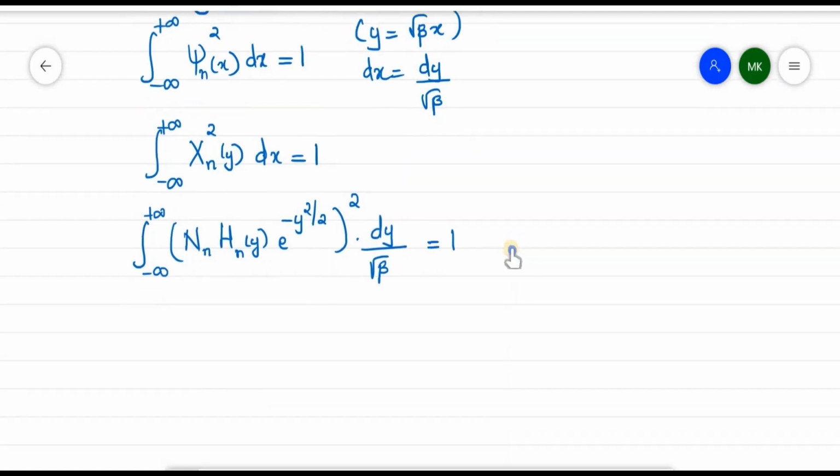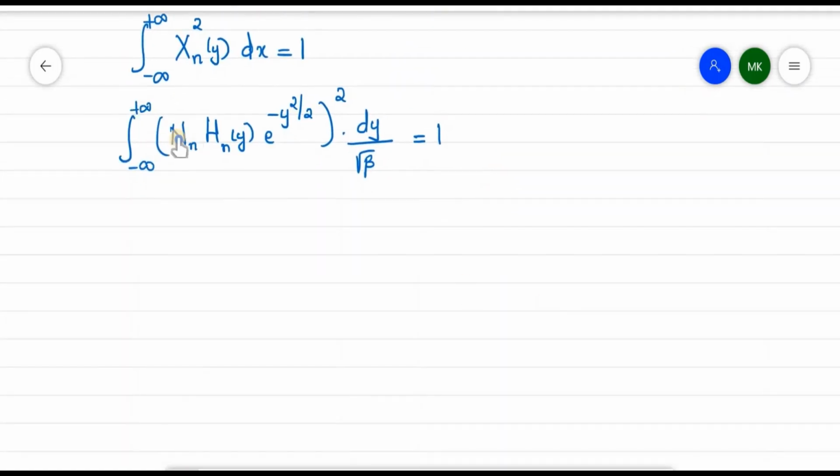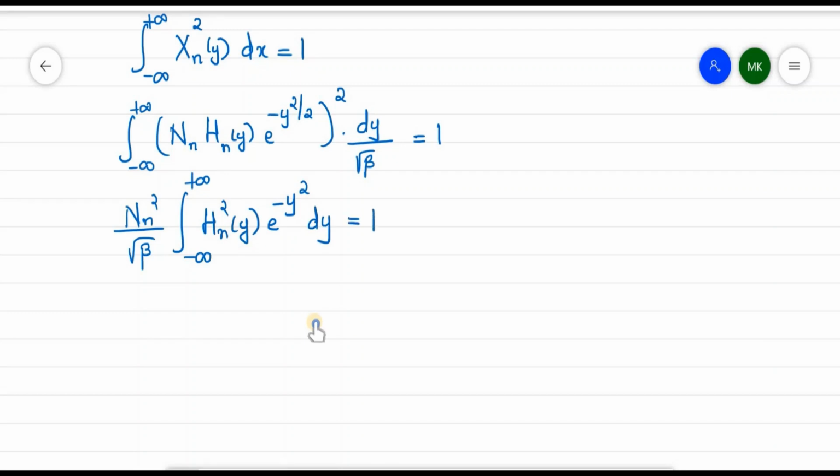Here N and root beta are constants, so taking them out of the integral, we can write N square by root beta into the integral from minus infinity to plus infinity of Hn square of y into e raised to minus y square, since e raised to minus y square by 2 the whole square is e raised to minus y square, into dy equals 1.